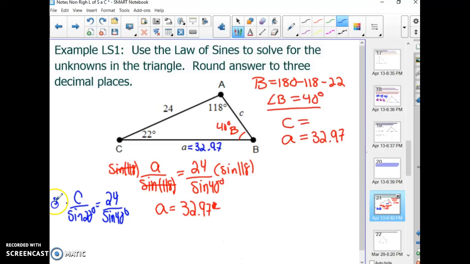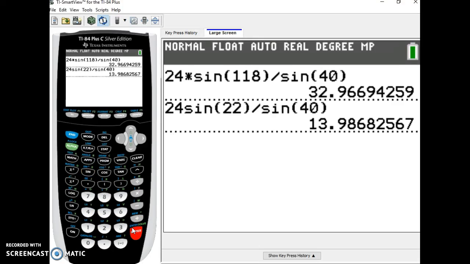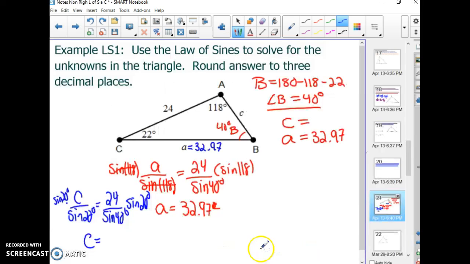I have to multiply both sides by the same thing again, and so I'll get C. So 24 sine of 22 degrees, closing it, divided by the sine of 40, and I should get a value of 13.99, and so that's that side.